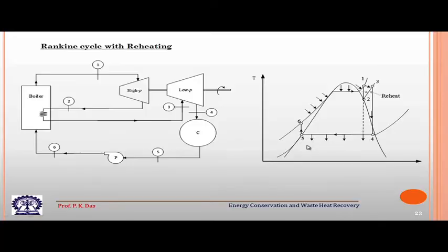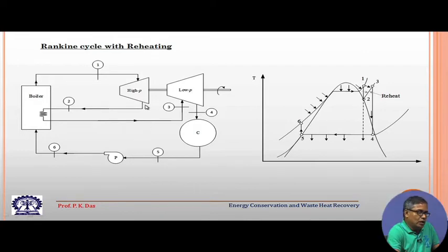If we go to this slide here, this diagram I have drawn in an earlier lecture, but here very quickly let us see. This is the boiler. From the boiler, high pressure and high temperature steam is coming. The condition is given by state 1. It is entering into a turbine.